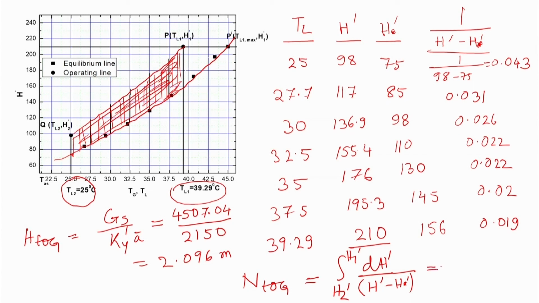So for the entire range, we have 210 minus 98 into 0.026, and that is 2.912.